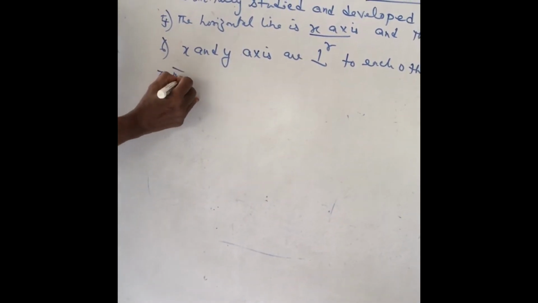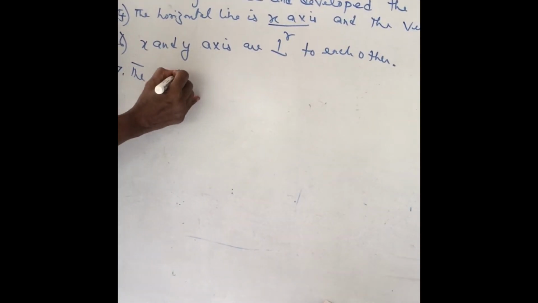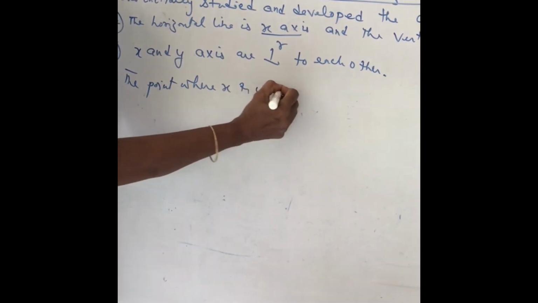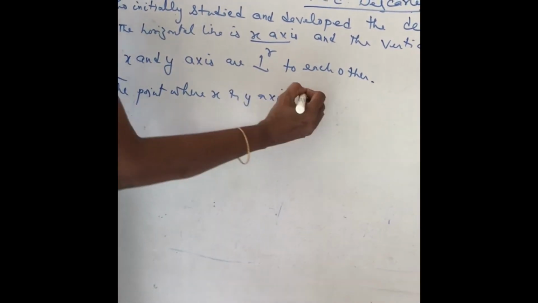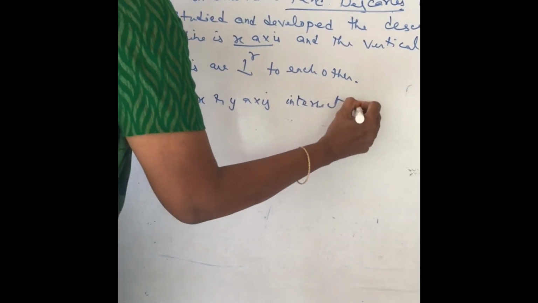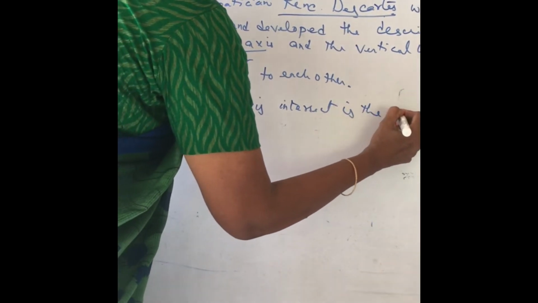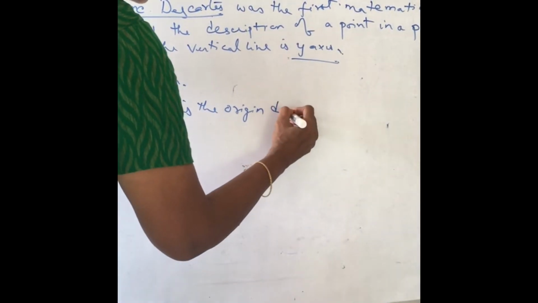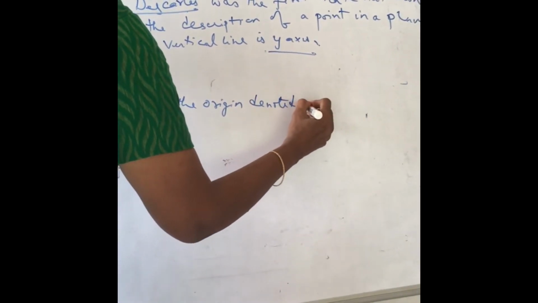The point where the x and y axis intersect is the origin, denoted as (0, 0).